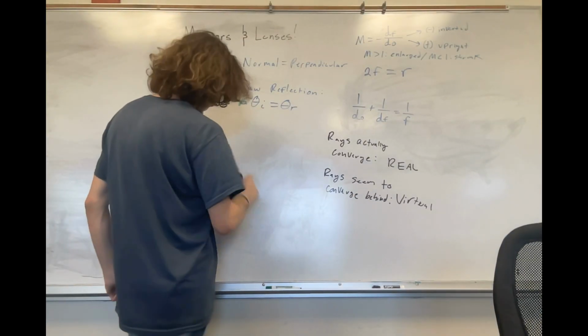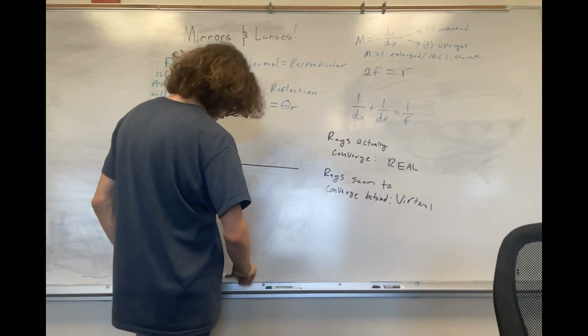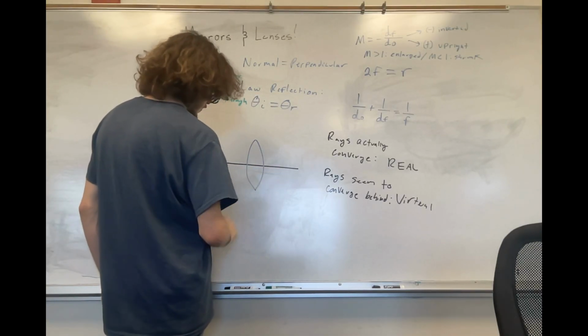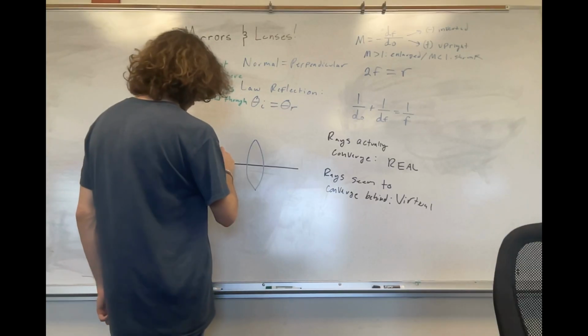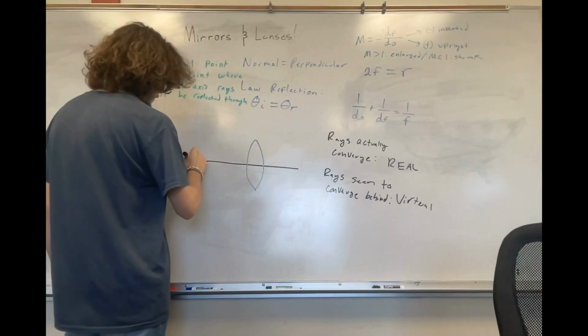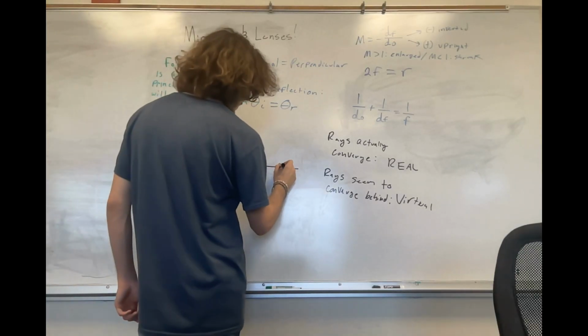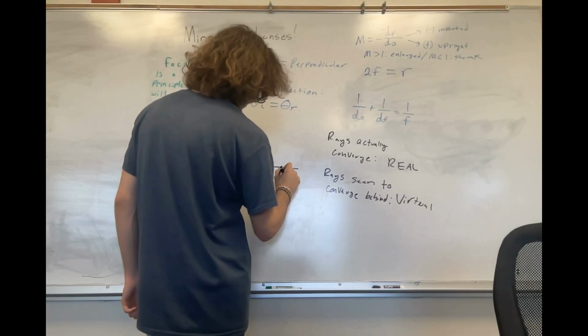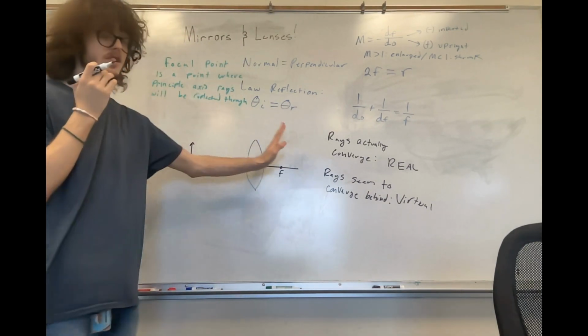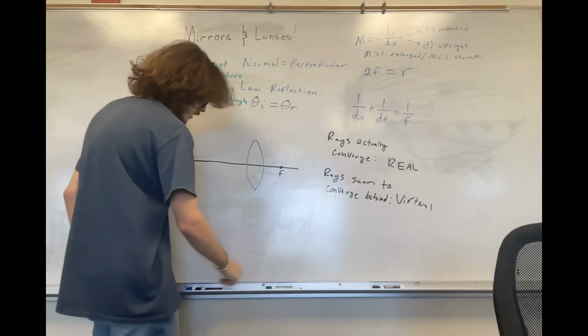So let's consider, we have the ground, we have our mirror, and let's put an observer, let's put him a little bit away. Let's say the focal point is here. Okay, the focal point, instead of being on the same side of our object, is actually on the other side. So let's draw some rays.